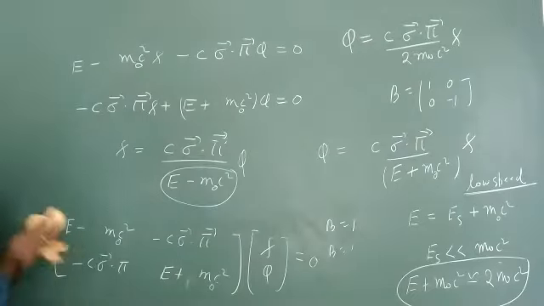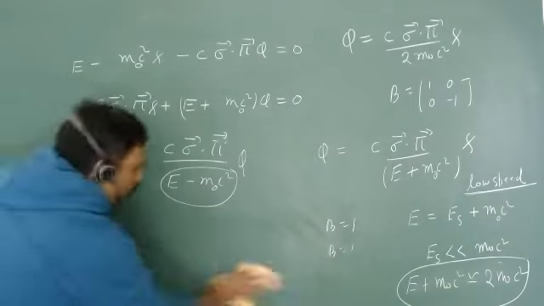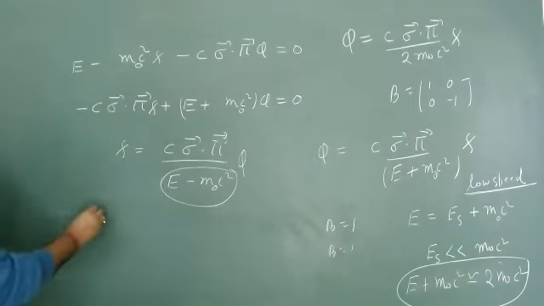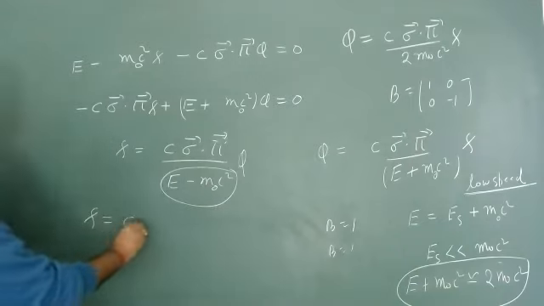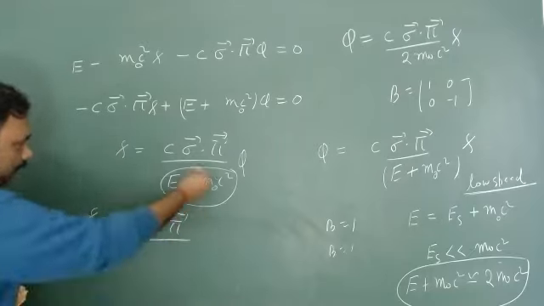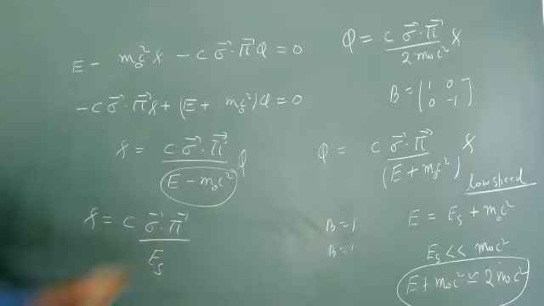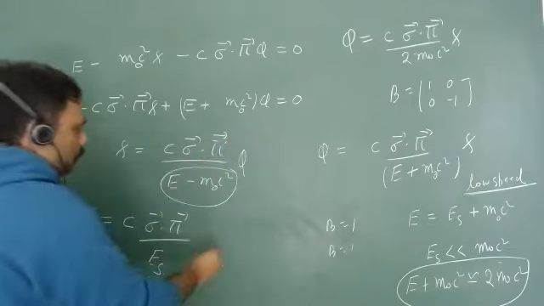So when you have this particular thing, we can write chi is equal to c sigma dot pi. And here I can write this as Es, kinetic energy, and phi I can replace from there.